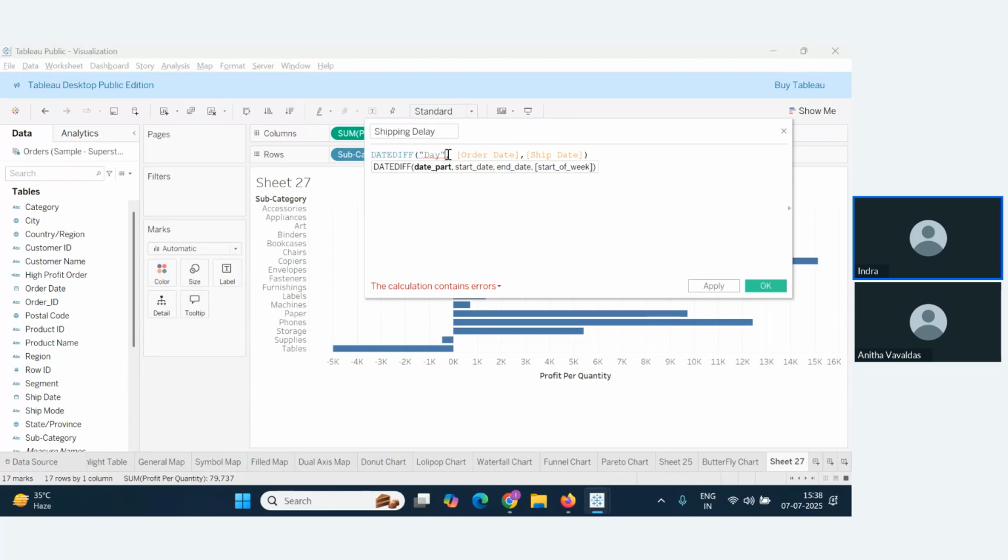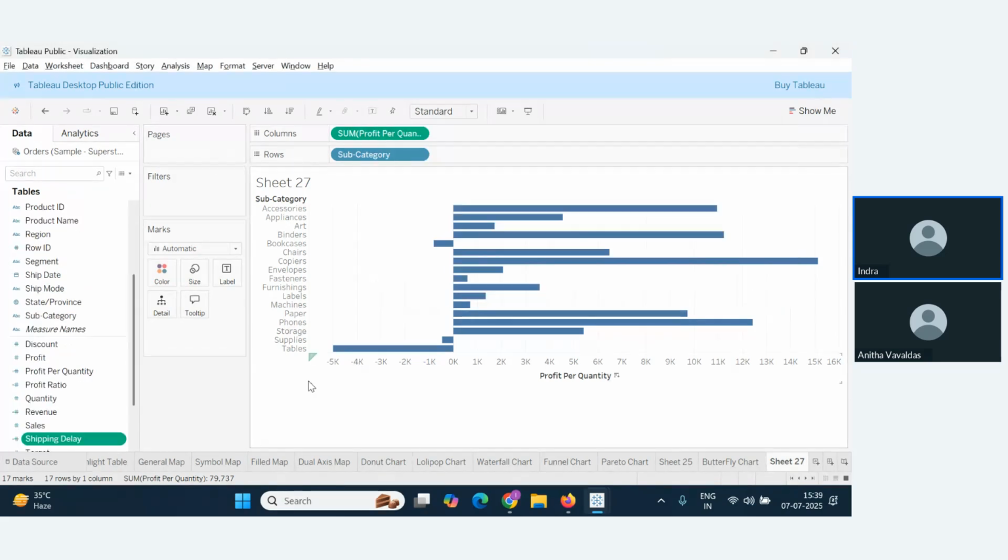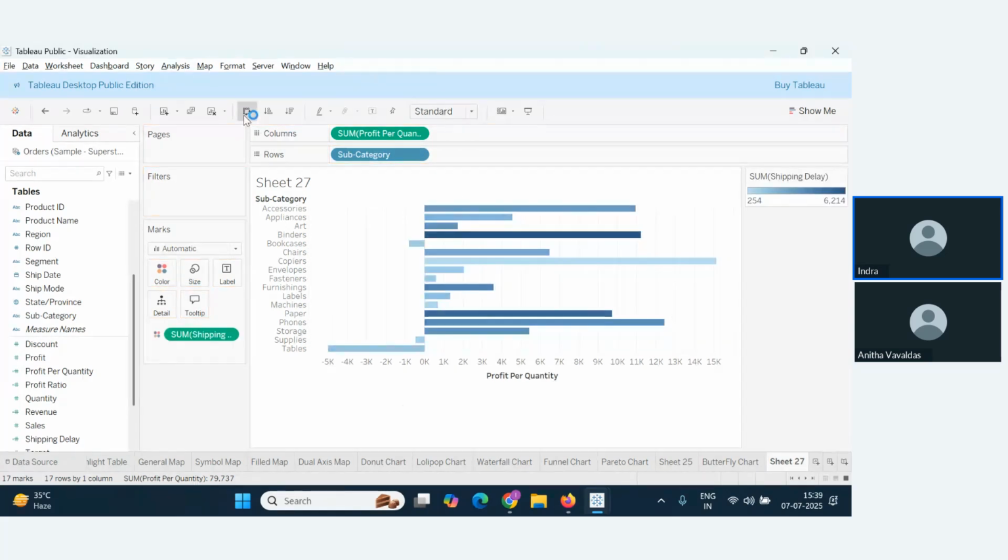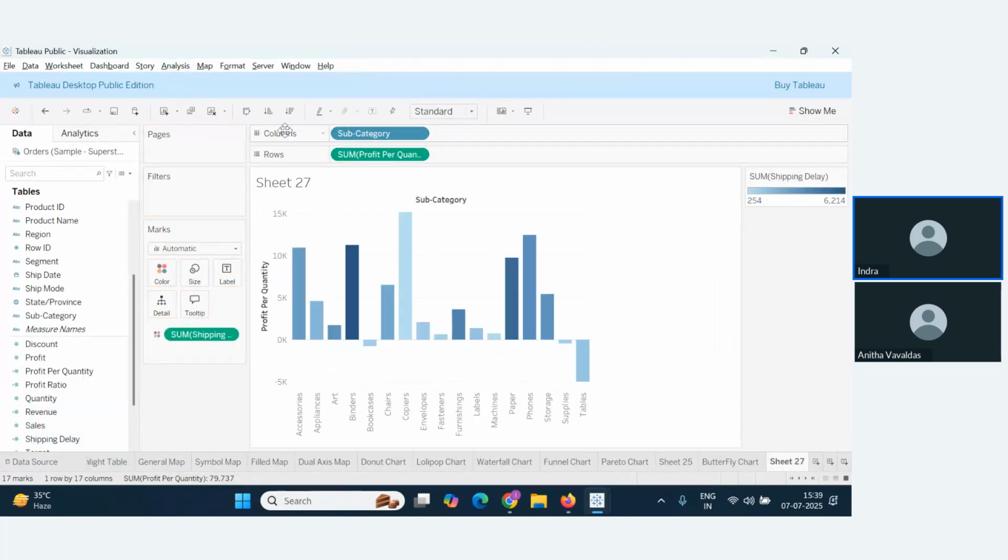Date part. Let's see. Still contains error. Reference to identify field date. Okay. Now calculations. Apply. Okay.